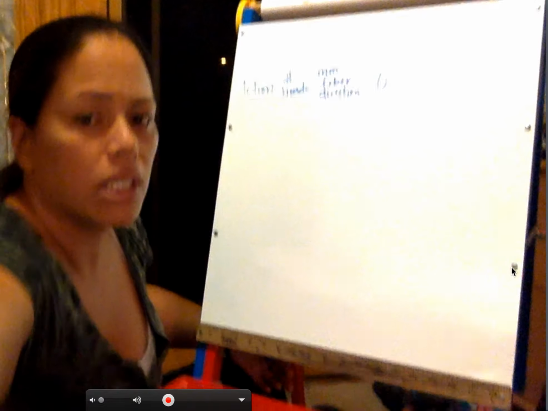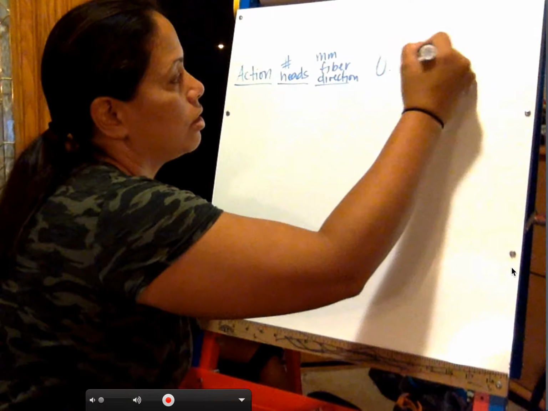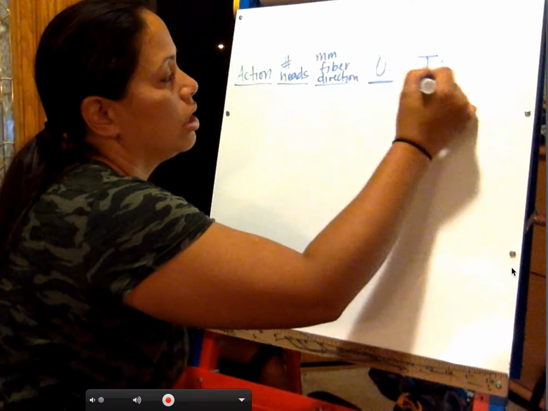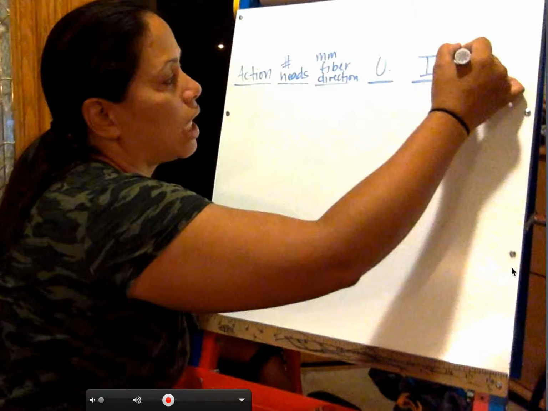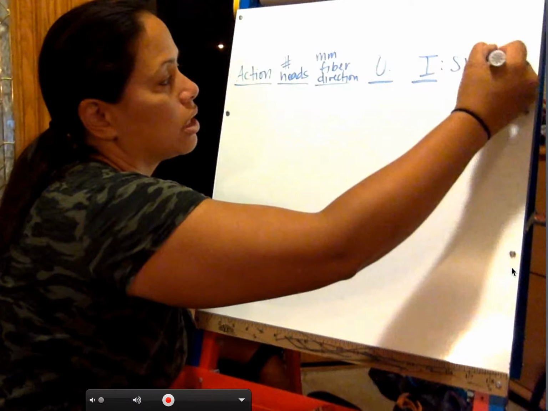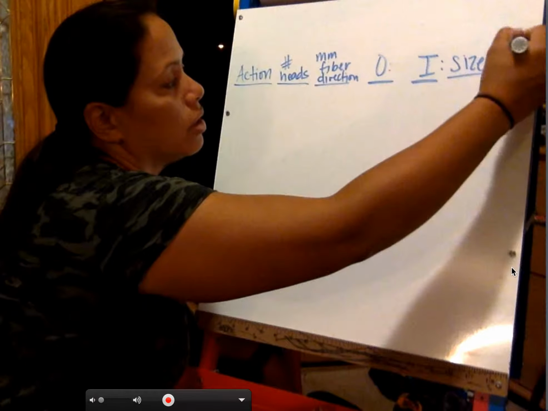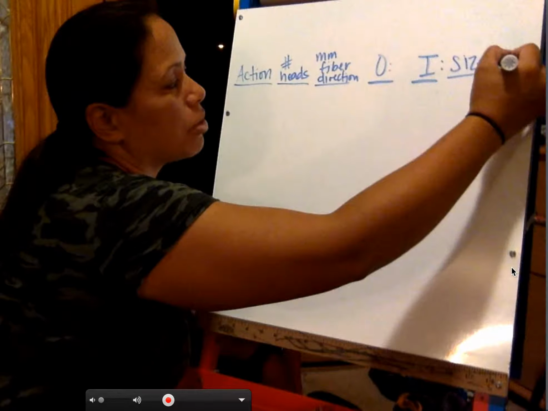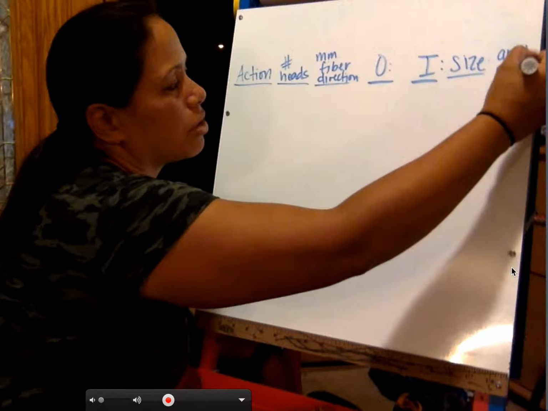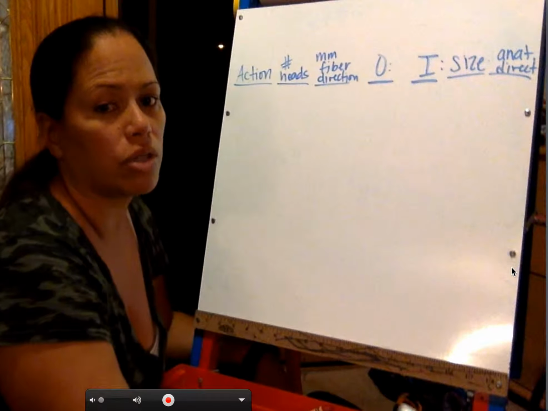We have insertion, which is just another location. We have size. And then we also have something called anatomical terms, which is essentially anatomical directions. So I'm going to say it, anatomical directions. And I will show you what this means.